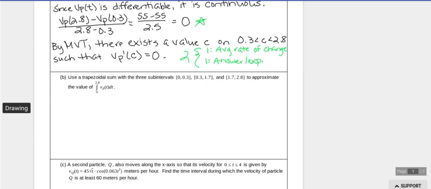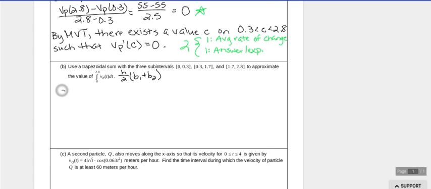All right, moving on to part B, we want to do a trapezoidal sum with these three subintervals to approximate the value of the integral from 0 to 2.8 of Vp(t) dt. We know for a trapezoid, the area is h over 2 times b1 plus b2. So we're just going to do that for each of these intervals. Let's set this up: the integral from 0 to 2.8 of Vp(t) dt is approximately, and I'm just going to do the h over 2 part real quick.